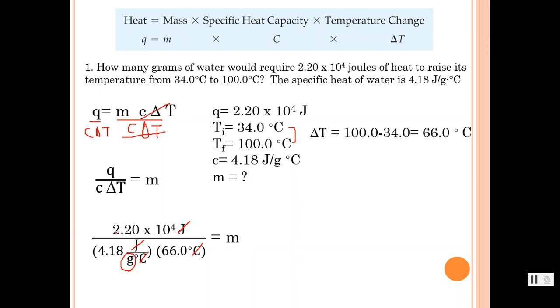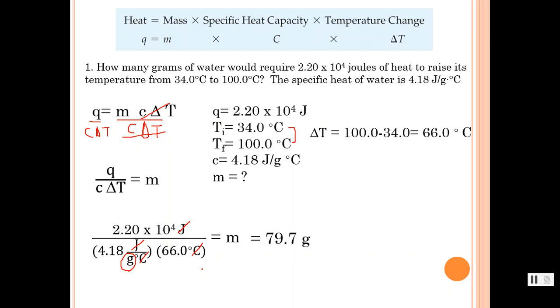Putting this into your calculator, 2.20 times 10 to the fourth, and then you divide by the product of these two numbers, should give you a final answer to three significant figures of 79.7 grams of water.